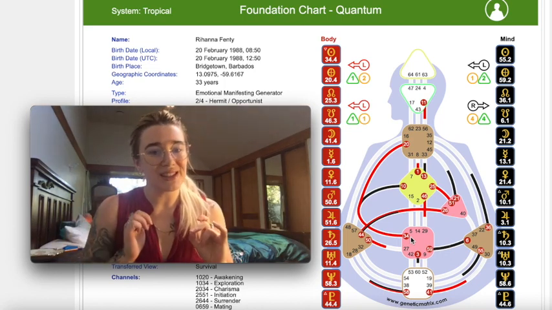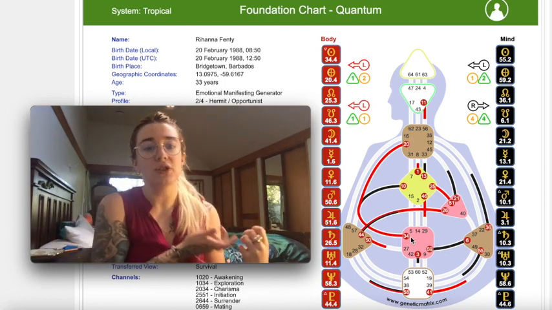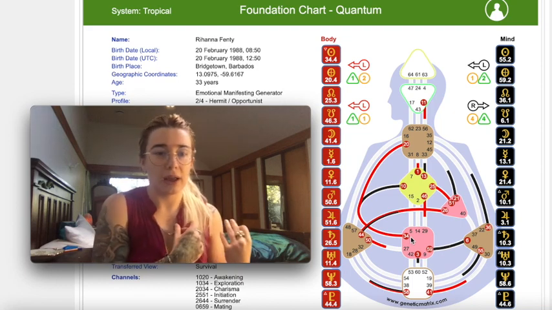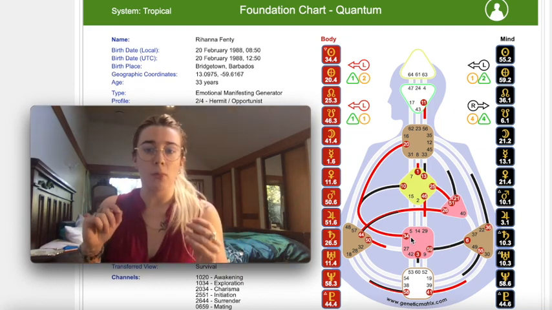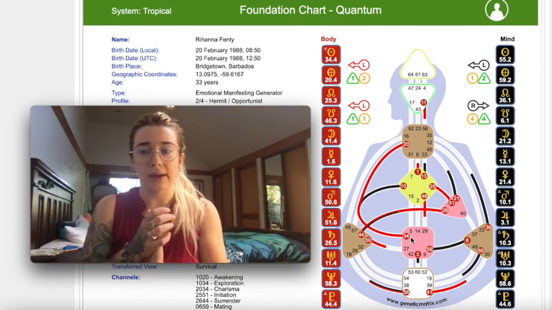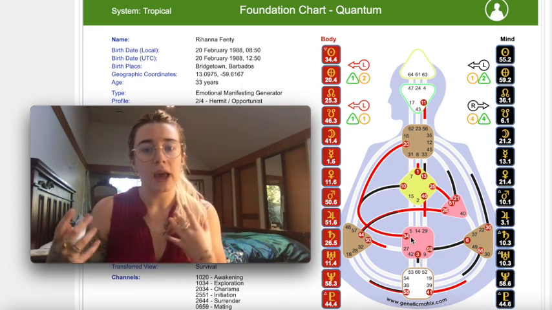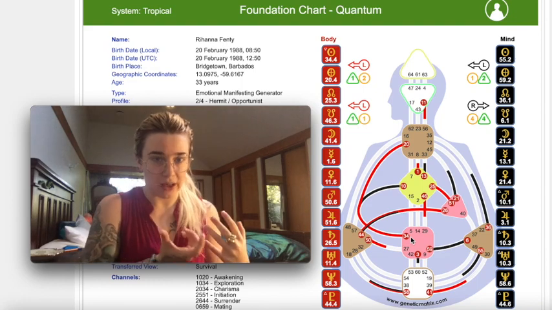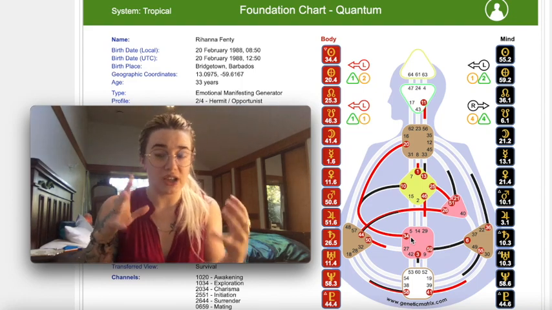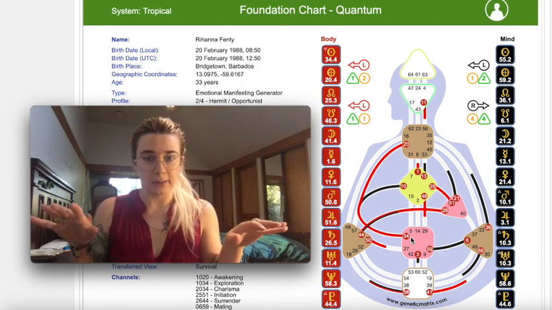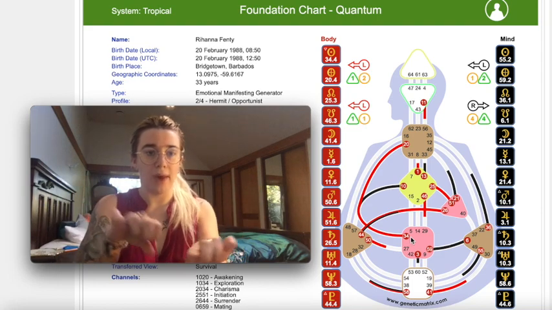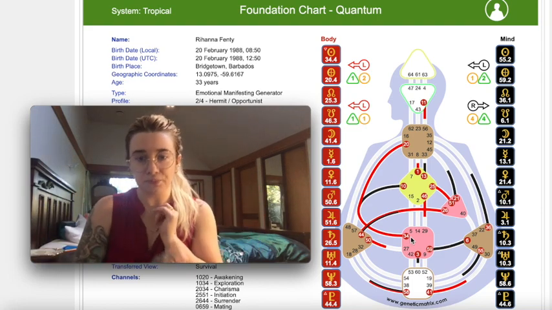They won't necessarily complete as much as a generator, whereas a generator tends to be more thorough in the way they do things. Manifesting generators have a faster energy, but they tend to have one thumb in all of the pies.